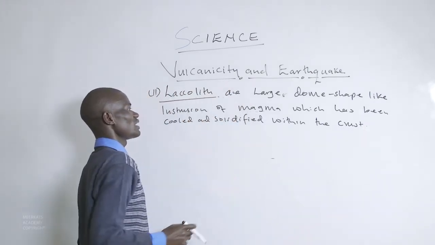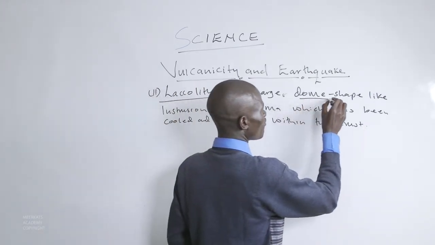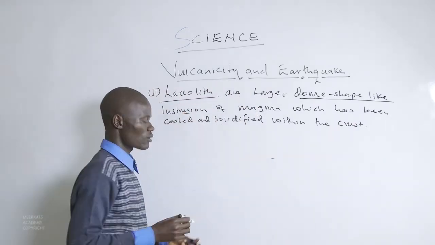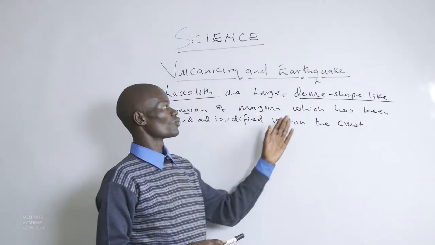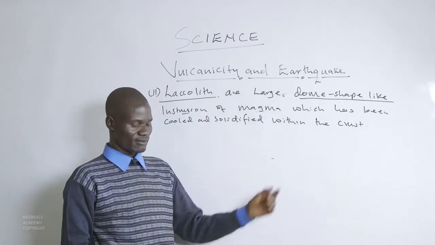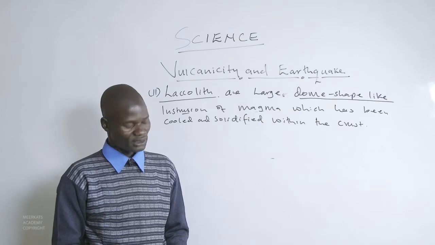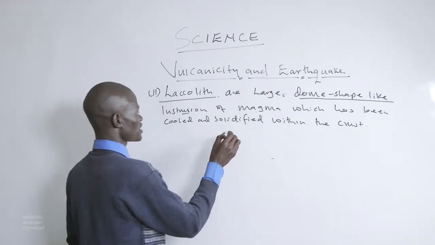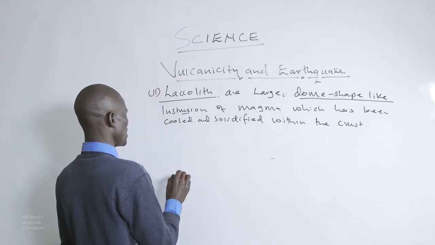As a result of that, they have a dome-shape-like intrusion of magma which has been cooled and solidified within the crust. And simply a good diagram will be able to help us; this is how it looks like.